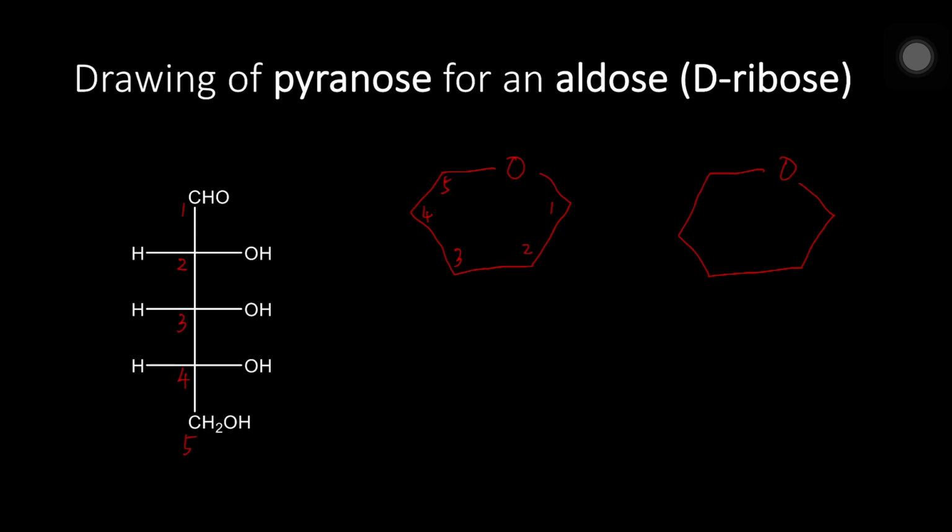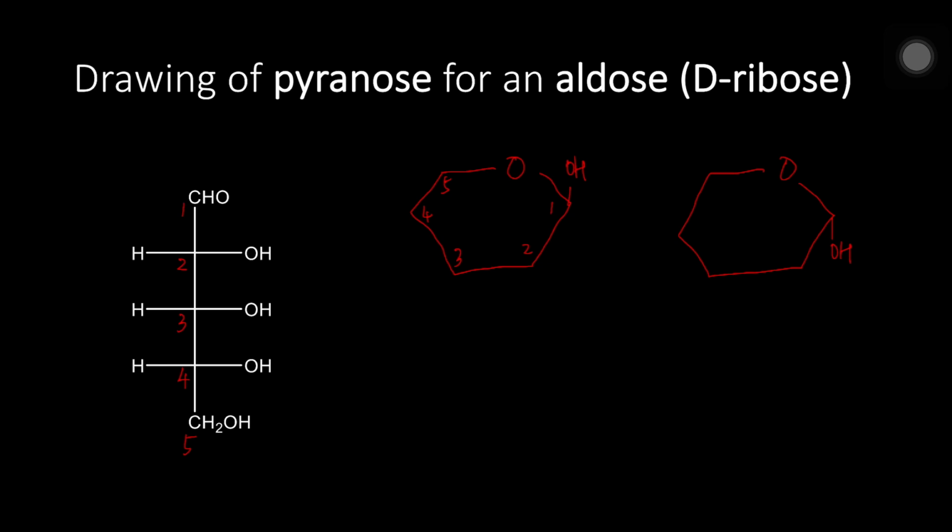Carbon number 1 in the chain was a carbonyl carbon, C double bond O. In the ring, it'll become single bond OH, one up, one down. This is the anomeric center, the newly formed chiral center.